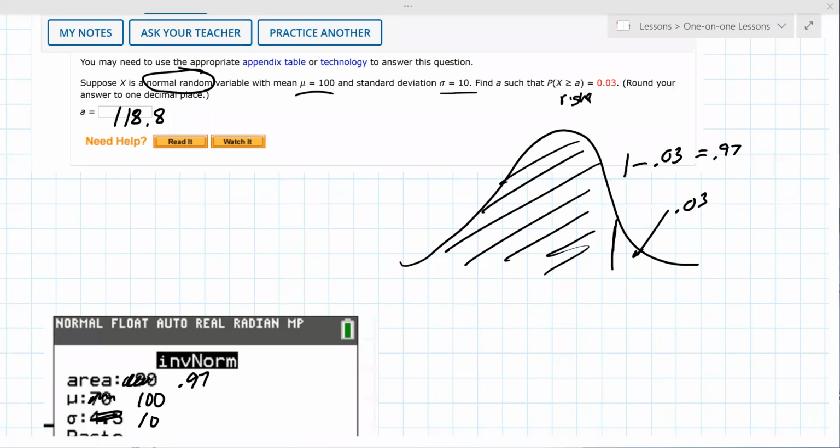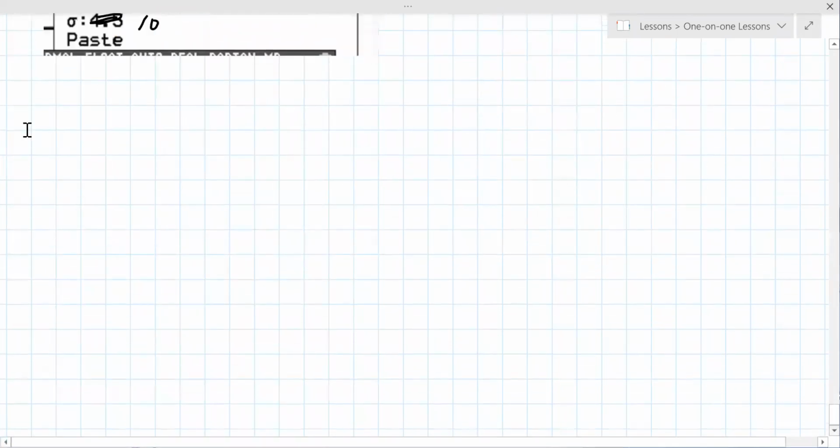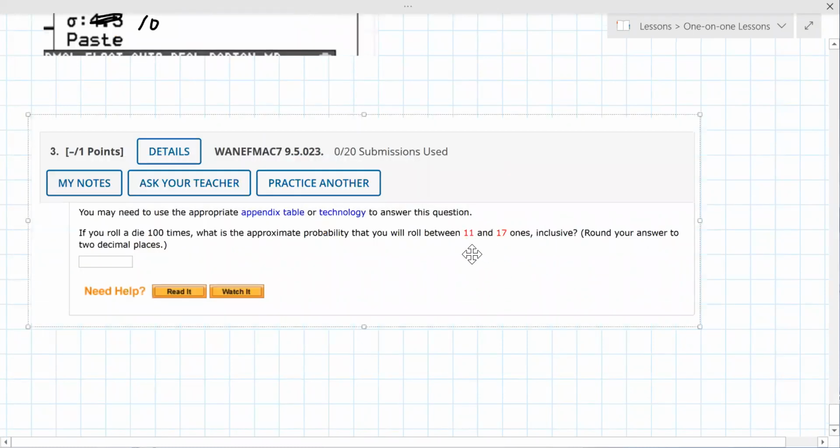All right, so next one here. I think you may have to get some clarity from your instructor for this, because this is in the normal probability distribution section of this class, and you're making an approximation to the binomial distribution.